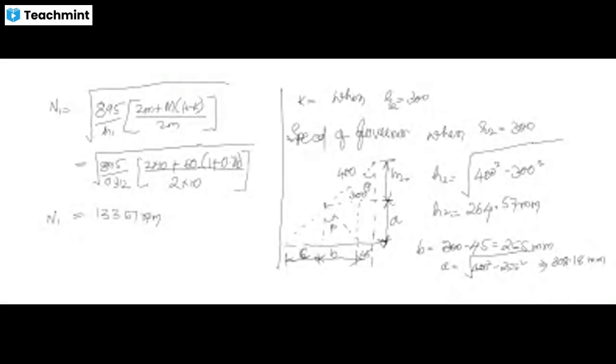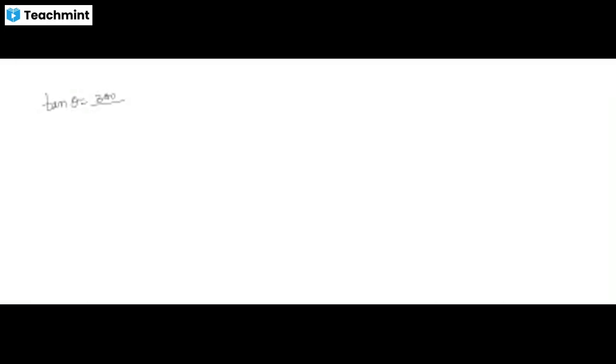Tan theta equals 300 divided by H2, which is 264.57. That gives 1.13.